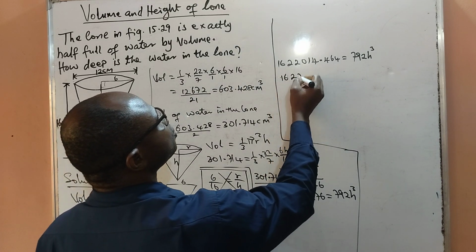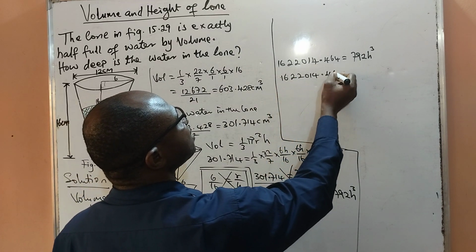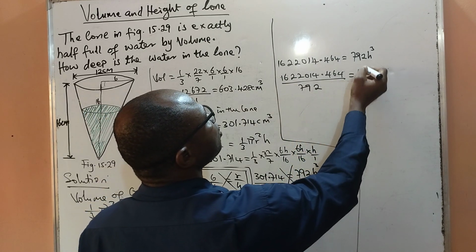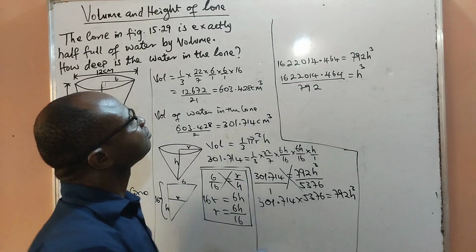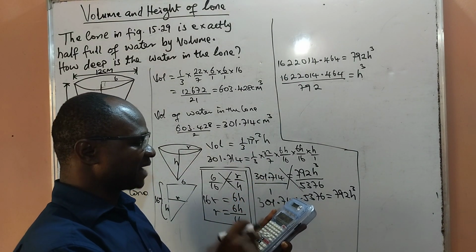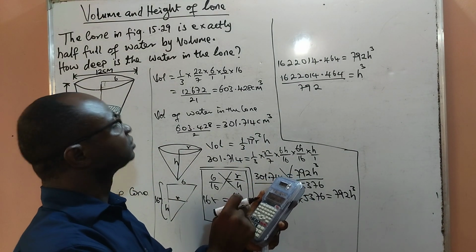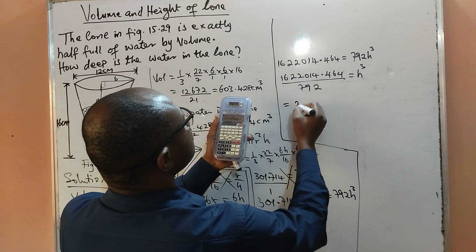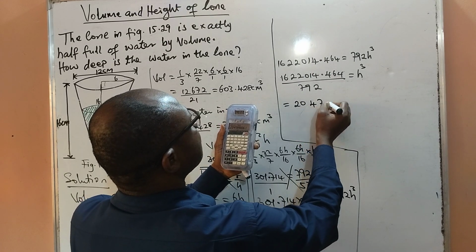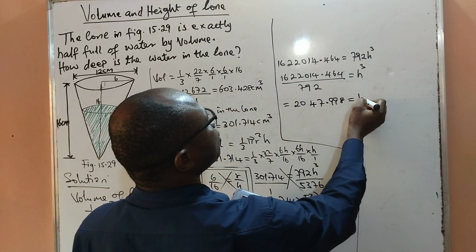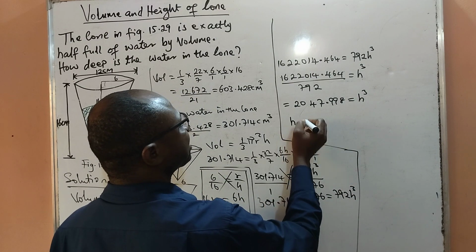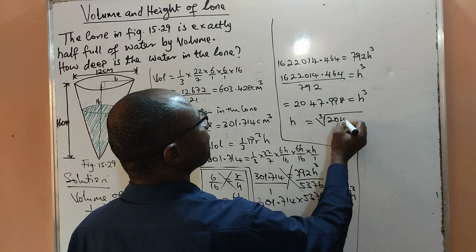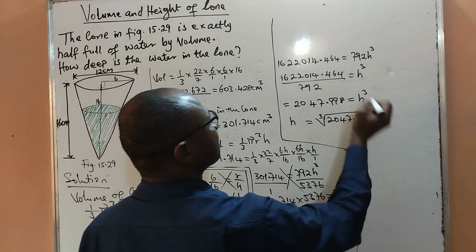Therefore, 1622014.464 divided by 792 is equal to h to the power 3, height. We divide it by 792. And this is going to give me 2047.998 equal to h to the power 3. Therefore, h, which is the height, is going to be the cube root of 2047.998.